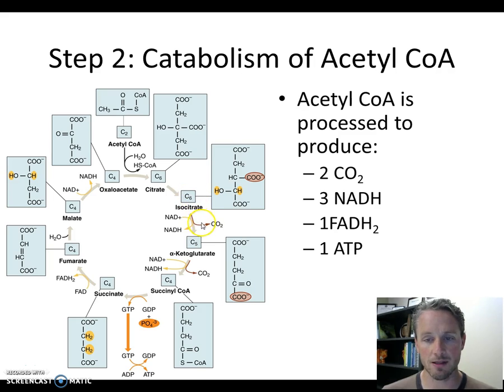So we go from 6 carbons, we take off a carbon dioxide, now we've just got 5 carbons left. From that 5-carbon molecule, we remove another carbon dioxide, and we've got 4 carbons left. In the rest of the chemical reactions, we rearrange those 4 carbons to remake that original 4-carbon oxaloacetate molecule that we needed to begin the cycle. So we put our 2 carbons in, we do some reactions to get energy out, and then we reform the starting material so that this cycle can always keep turning. But what we really care about, again, is the energy, and we've gotten these molecules out.